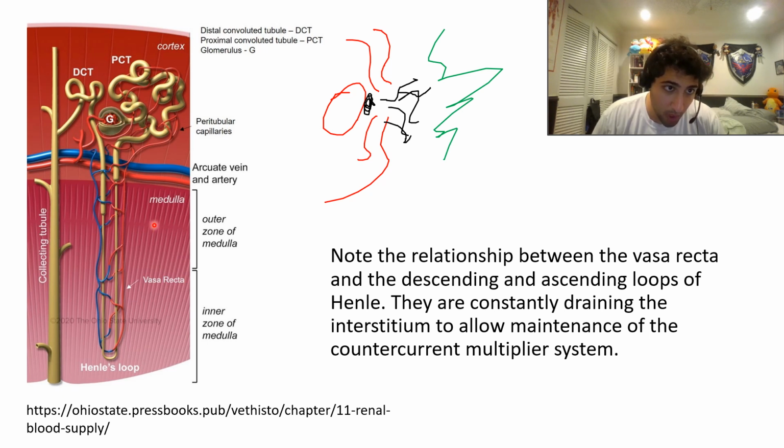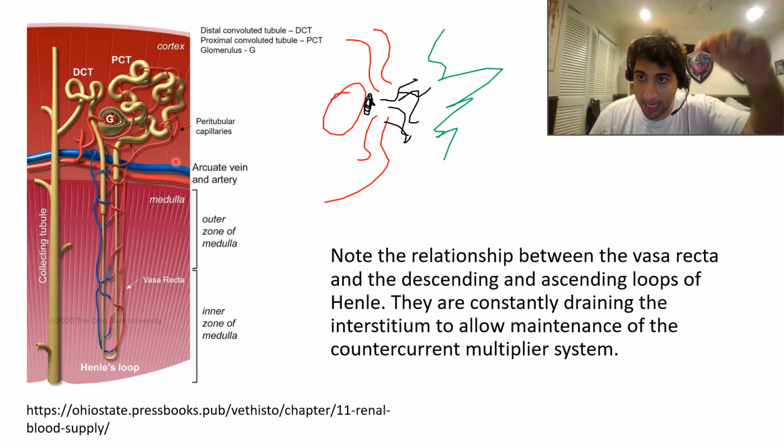As it comes through here, water will leave. And as water leaves, the more concentrated the interstitium is going to get. The fluid is going in opposite directions. Some fluid is going down towards the hyperosmolar medullary interstitium.